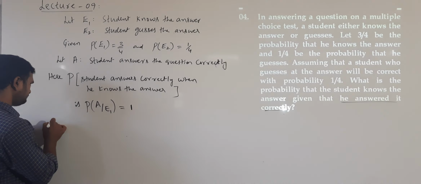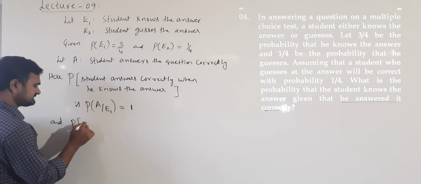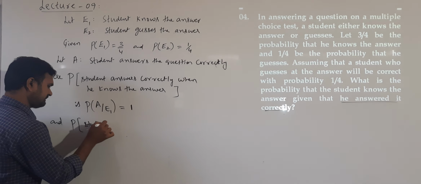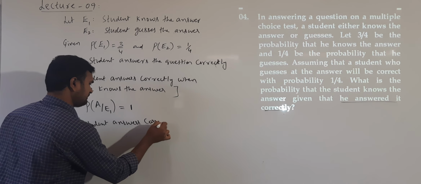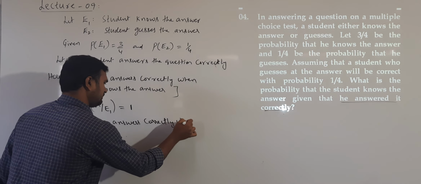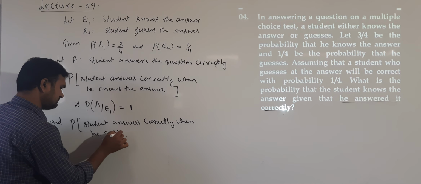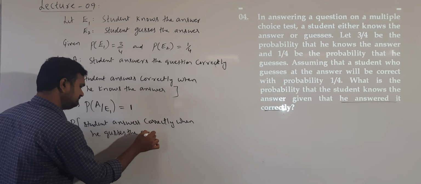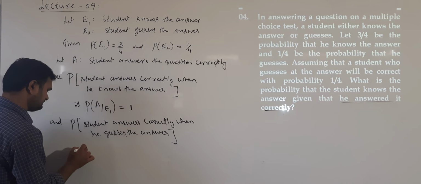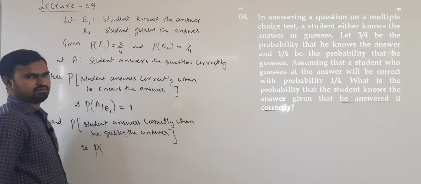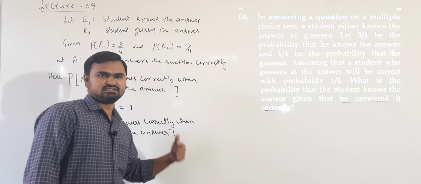And the probability that the student answers correctly when he guesses the answer is... I know that he answered correctly, but there is some chance that he is guessing in that.